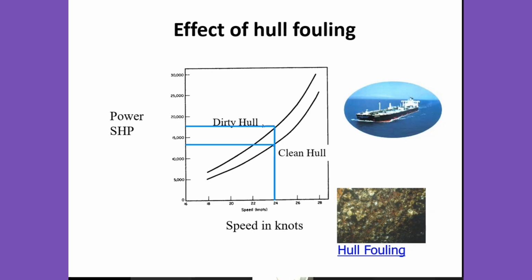That is why ship owners frequently go for underwater cleaning on a case-to-case basis, depending on the vessel, how long it stays in port and how long it stays in tropical waters, etc. Also, on the basis of inspection, the frequency of underwater cleaning can be increased or decreased. But this is a phenomenon which is true, and this is how it behaves.